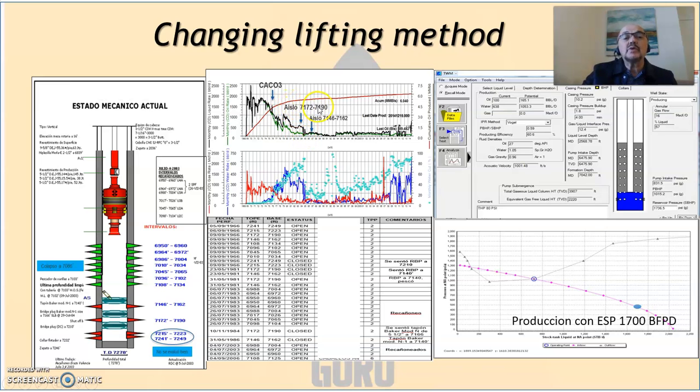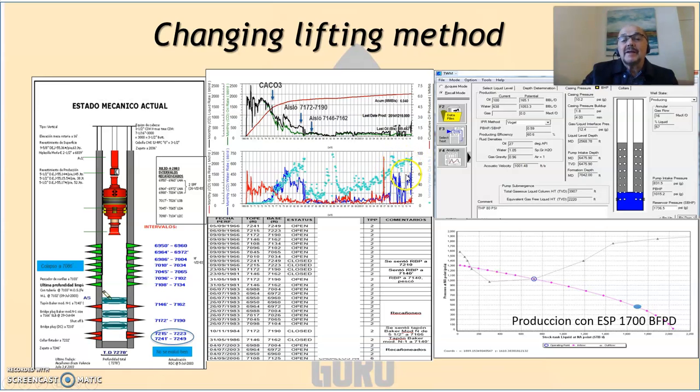What we do normally, because we think there's no more oil in the sand, is start installing plugs and isolating those zones, and there is still oil there. We isolated this one, then this one, until we converted this well into a 60 barrel oil well, and the water cut was still there.